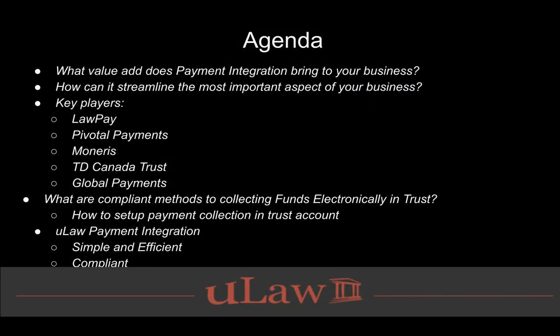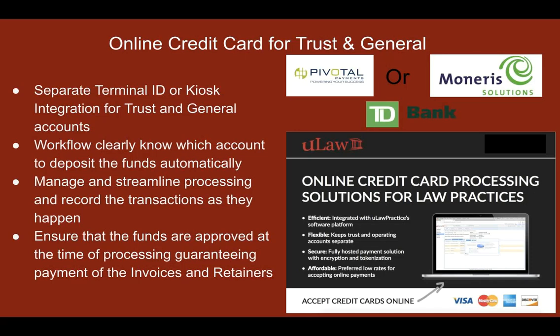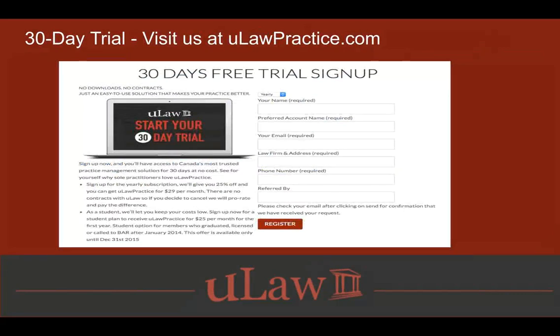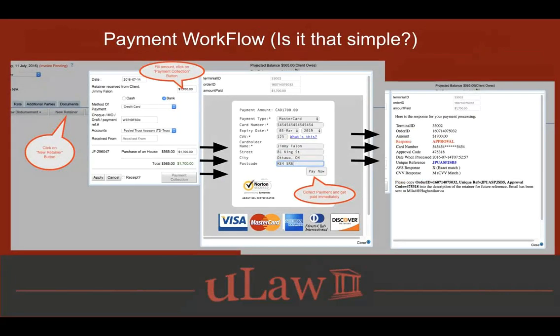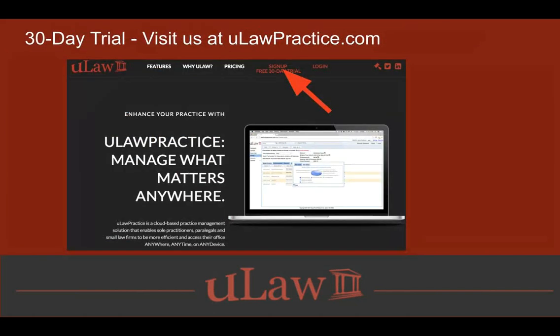Now, of course, we did see how simple and efficient, and completely compliant with both trust and general, this integrated payment processing could be. Other than that, we also have various pros for saving time and cost, and overall benefits that you derive from the payment workflow that we saw today. I request all of you to try it by clicking on the link that's available here.